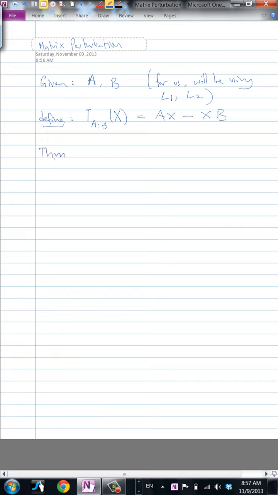One of the main things that we proved last time was that T is non-singular if and only if the spectrum of A and the spectrum of B are disjoint. We proved one direction in class last time.